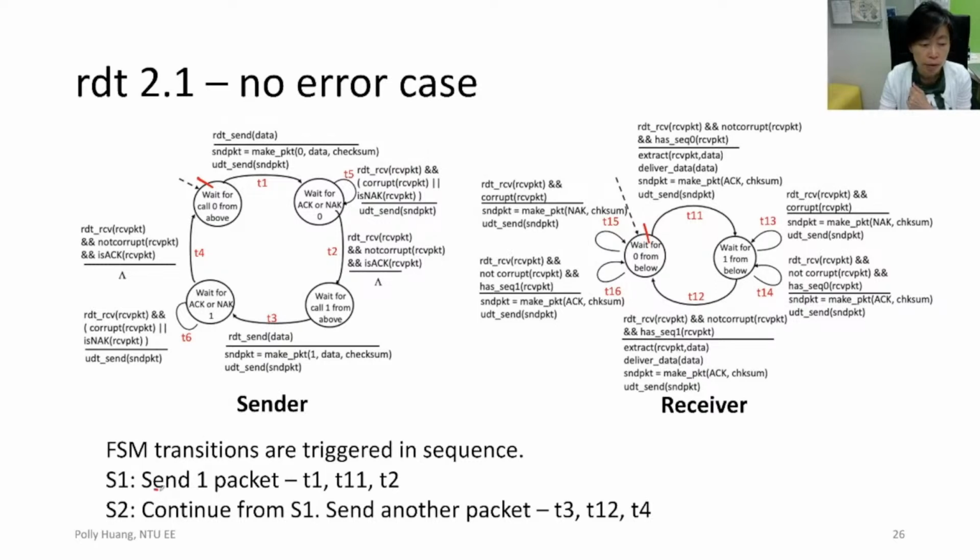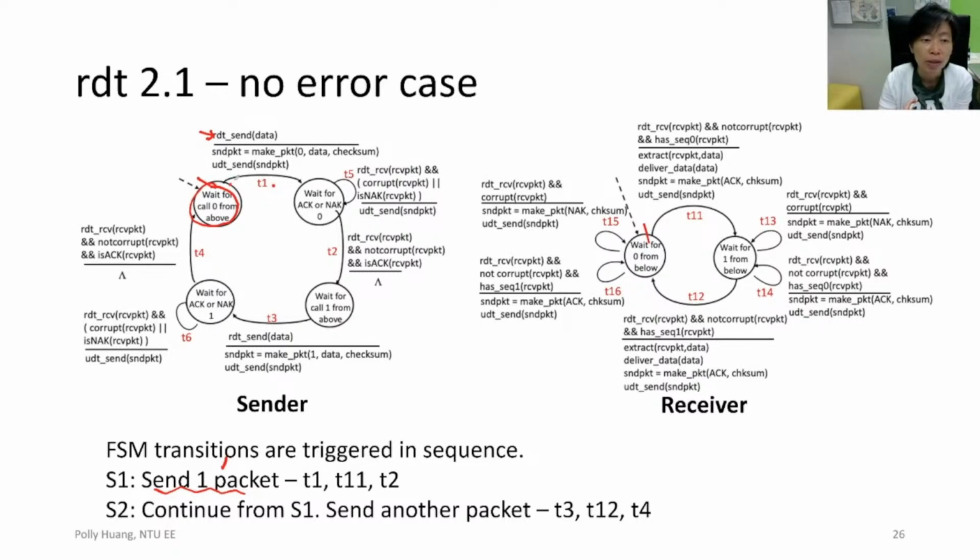Now, the event is send one packet. We're here at the starting state, so to determine what transition to take, let's check out what the transitions are. Starting from this state, there's only one possibility, which is T1, and it happens to be what? Getting a call from above, which is to send one packet.